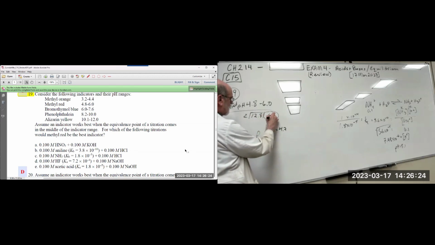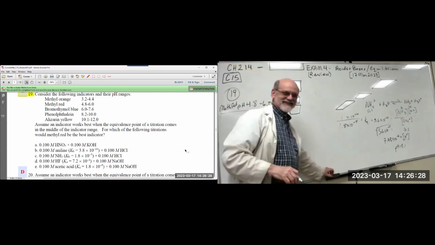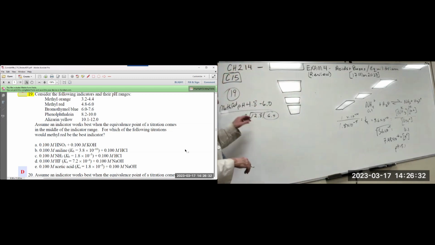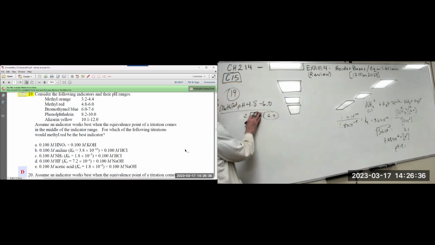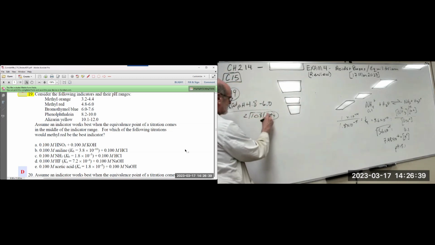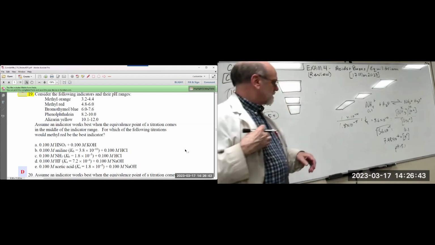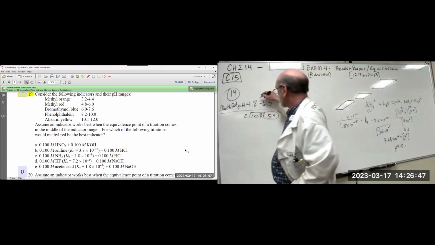Just let me jabber on. There we go, 5.4. Well, this one, 5.1, is the endpoint, so it's going to be right in here.